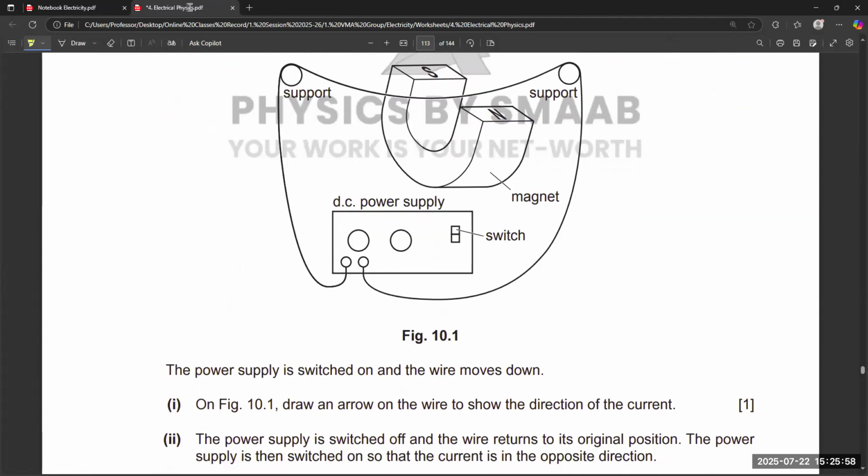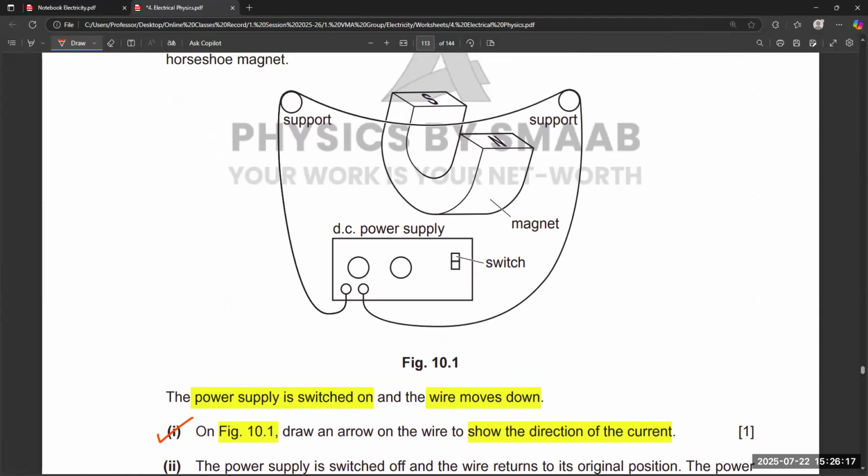The power supply is switched on and the wire moves down. On figure 10.1, draw an arrow on the wire to show the direction of the current. This time, the direction of force is mentioned. Wire moves down, so the direction of force is downward.